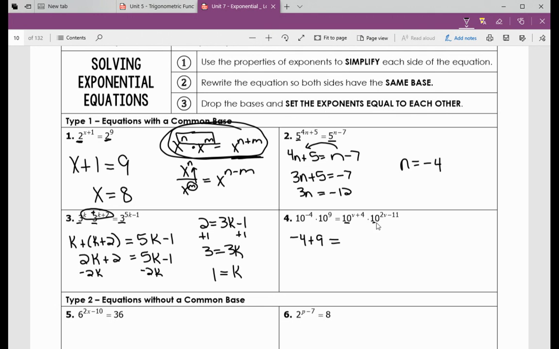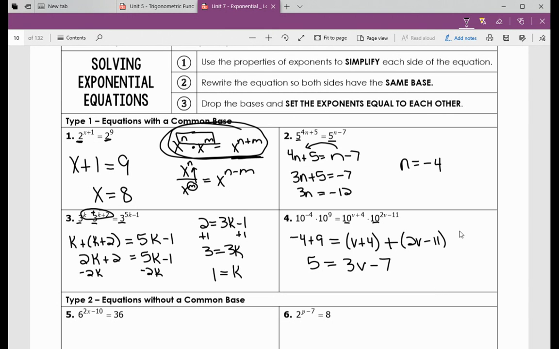Since I have like bases on the right, I'm going to take v plus 4 and add that to the second exponent.